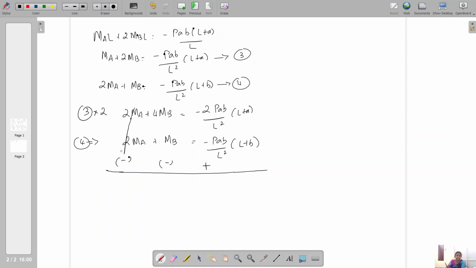Make the signs opposite. So 4MB minus MB, which is 3MB. I am going to consider the common terms outside first, that is PAB by L square.